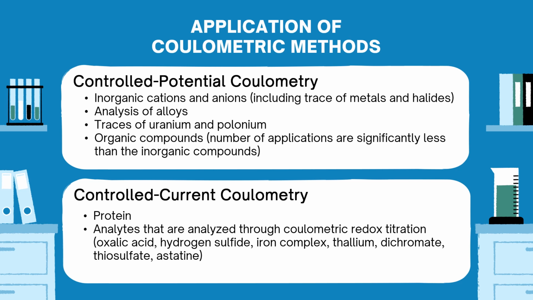Now, if we were to analyze proteins and analytes that can be analyzed through coulometric redox titration such as oxalic acid, hydrogen sulfide, iron complexes, thallium, dichromate, astatine, and the like, then we use controlled current coulometry.